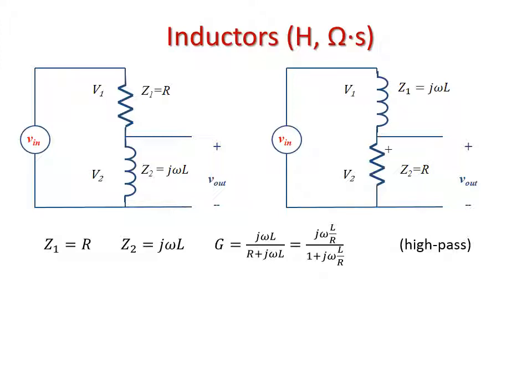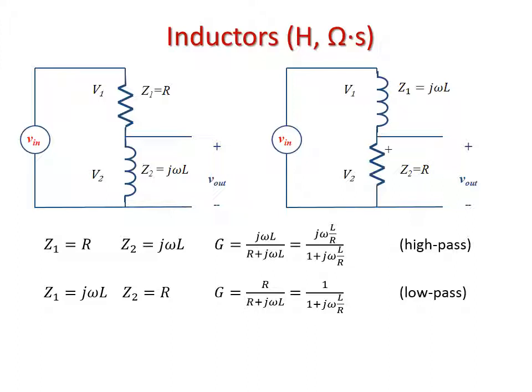So if we look at the high-pass version, we're going to plug and chug our resistance for our impedance 1. We're going to plug in j omega L for our impedance 2. And then we are going to solve those out to get our gain equation. And then for the low pass, again, we're going to switch the two. So for the low pass one, we're going to do j omega L for Z1, and then R for Z2.